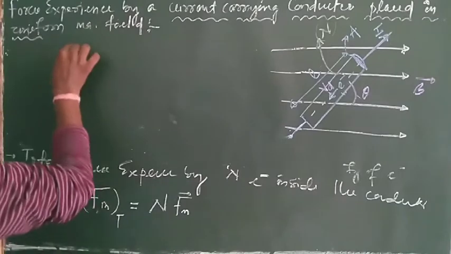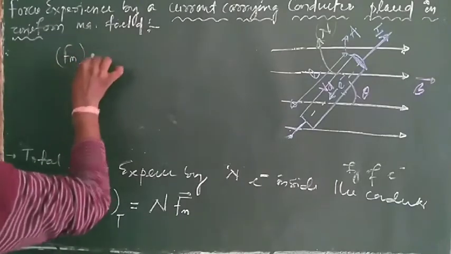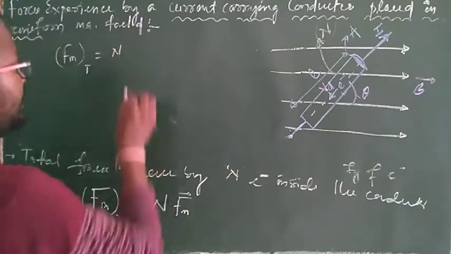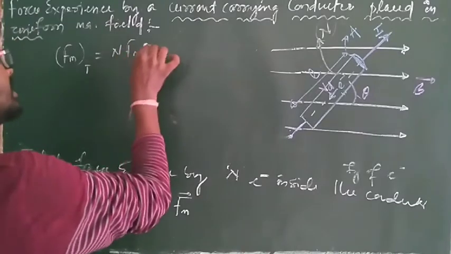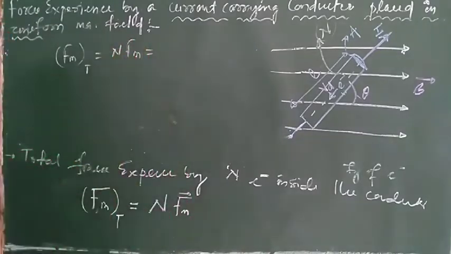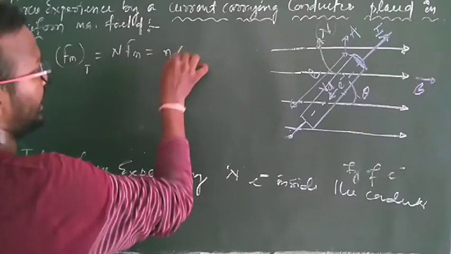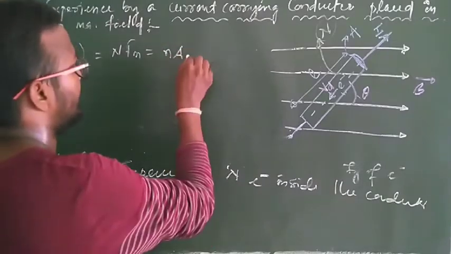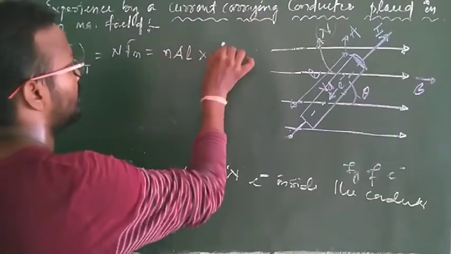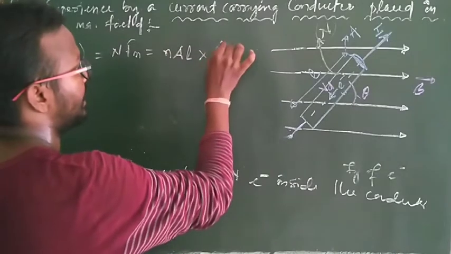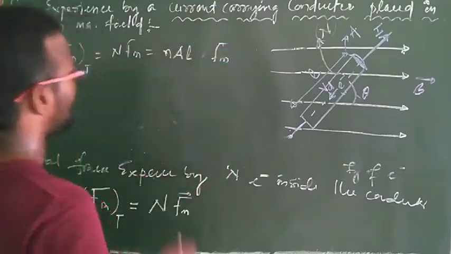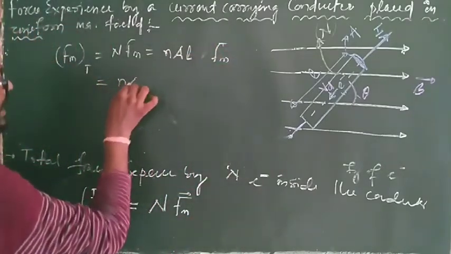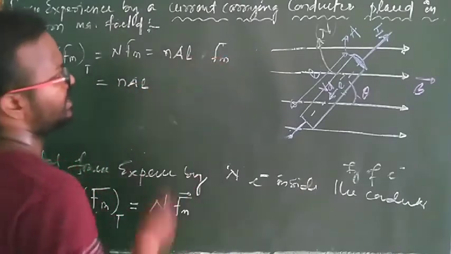That is Fm total equal to capital N into Fm, which is equal to N. What is N? N equals small n, area of cross section and length, into Fm, the magnetic force experienced by one electron. If we use the value, then nAL, what is Fm?